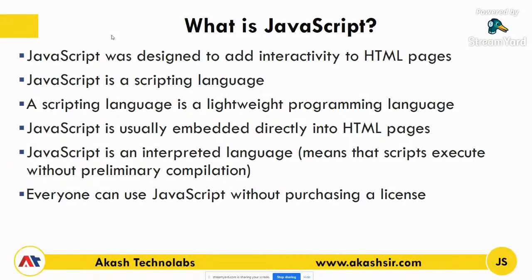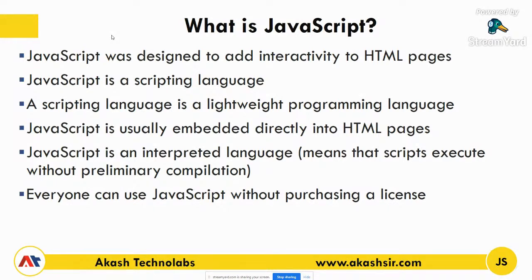JavaScript is usually embedded into your HTML pages. JavaScript is an interpreted language, which means that a script is executed without preliminary compilation, which means your code will be compiled in your browser itself. No need to install any software for that.